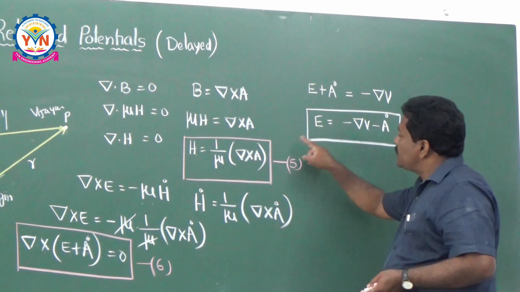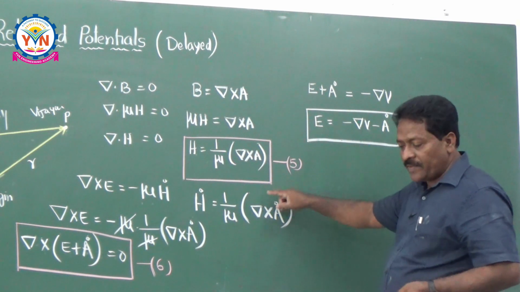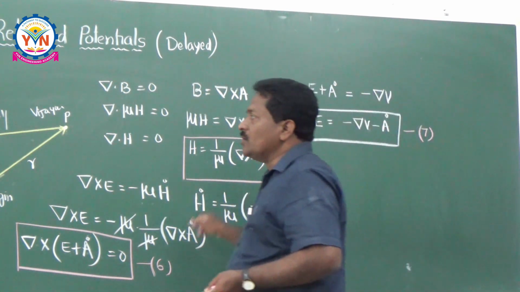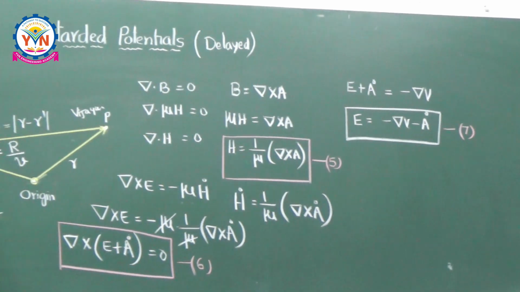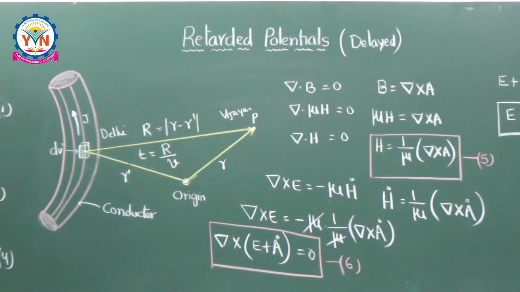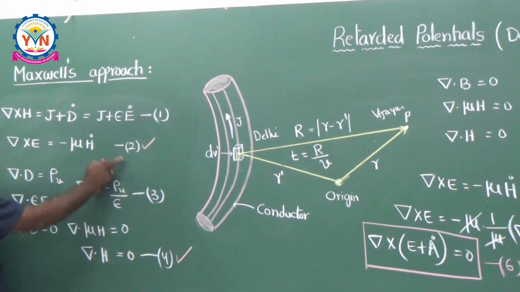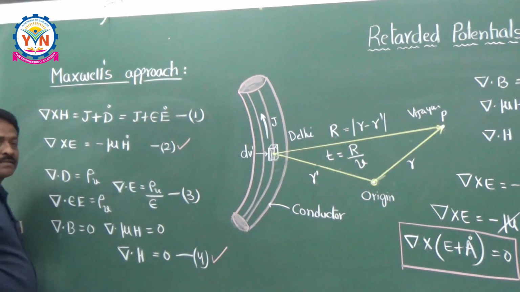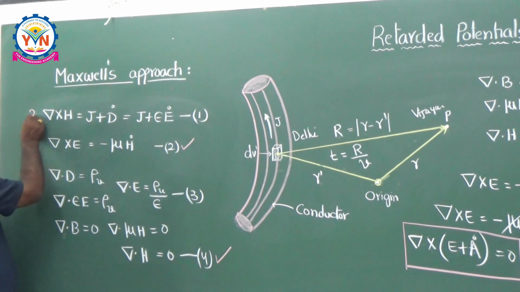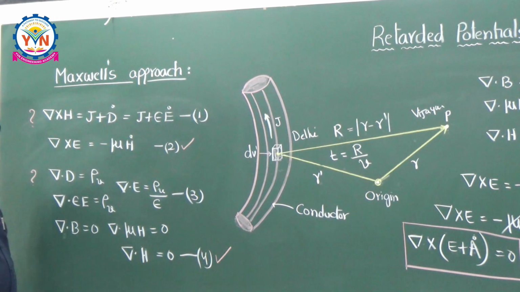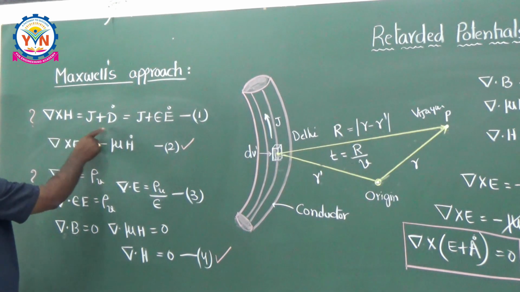To develop these two equations, we have used the second and fourth Maxwell equations. The first and third equations are meant for developing the differential equations, so let me derive them.